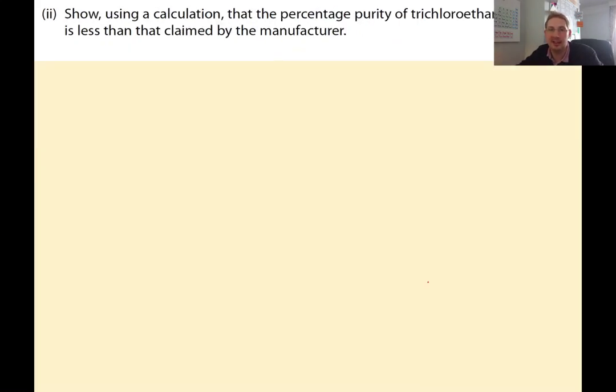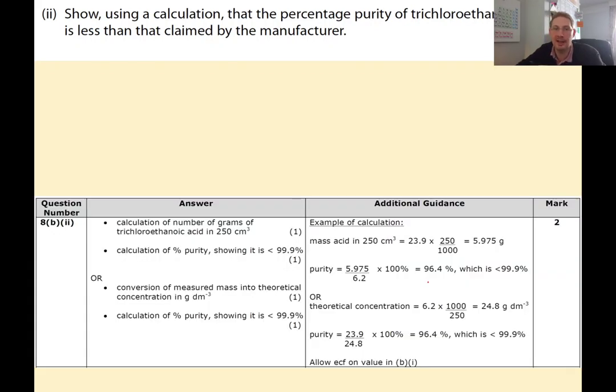Okay, next: show by calculation that the percentage purity of trichloroethanoic acid is less than that claimed by the manufacturer. So the manufacturer gives us the number of grams in 250 centimetres cubed.